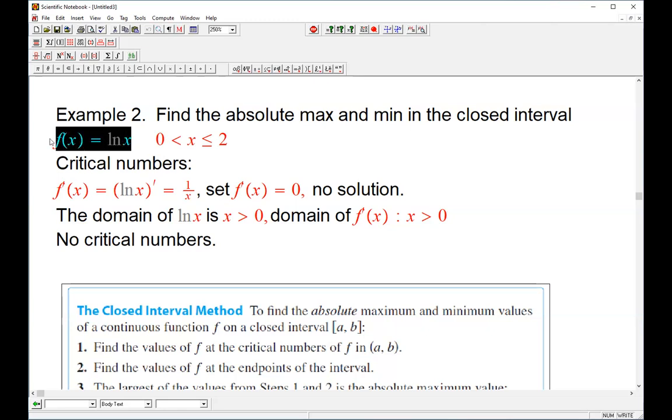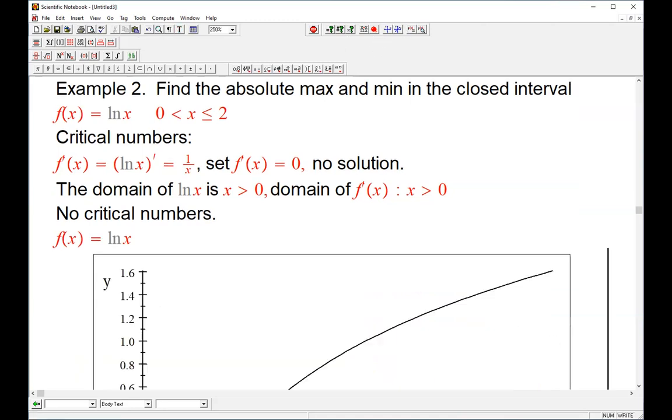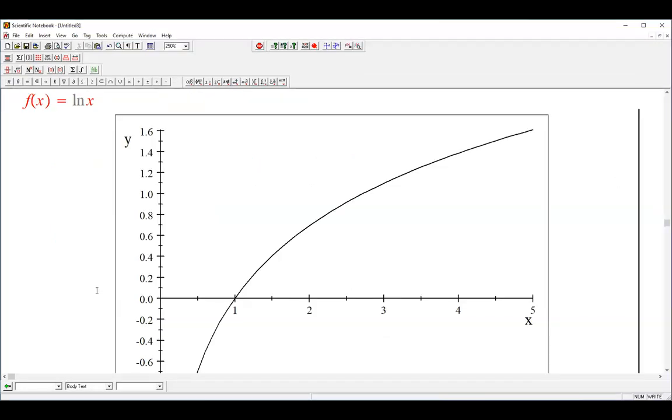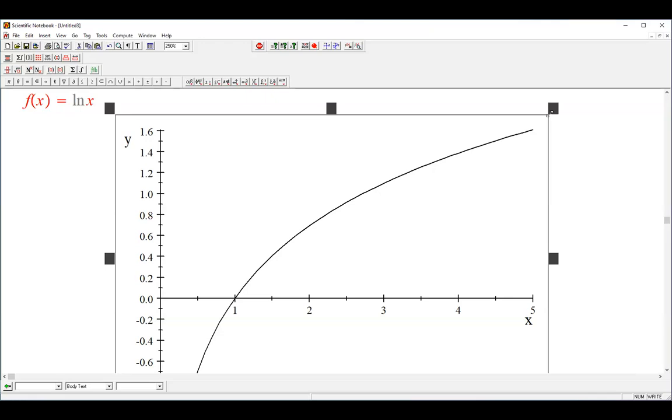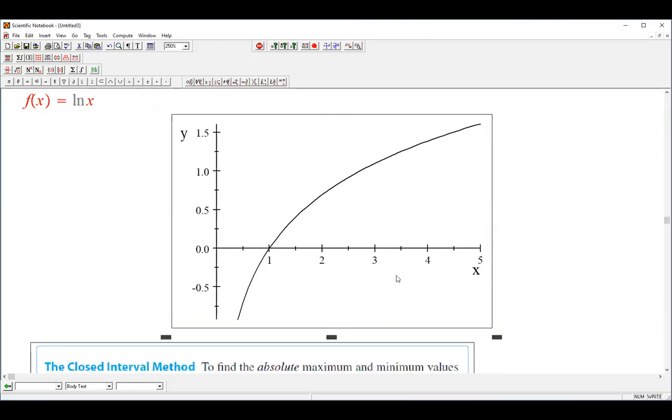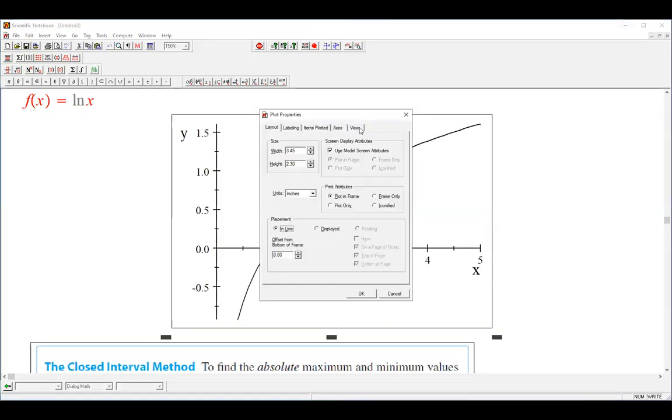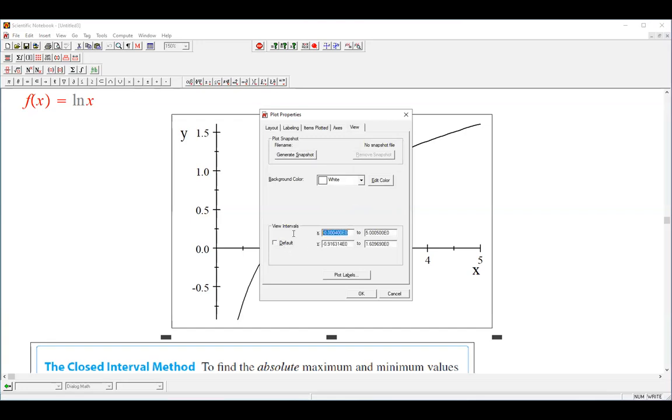So can we find the max or min? Let's try. If we look at the function's graph, one end of the interval is closed, from 0 to 2. Let me make a little adjustment to the picture.